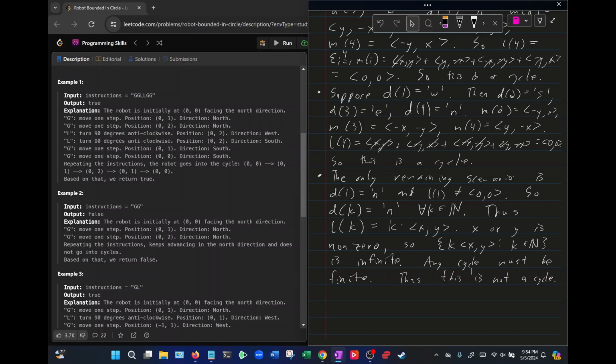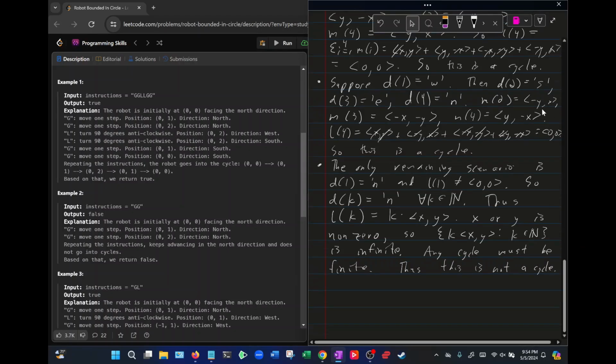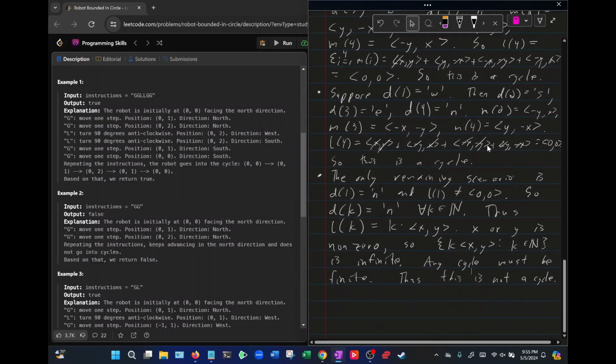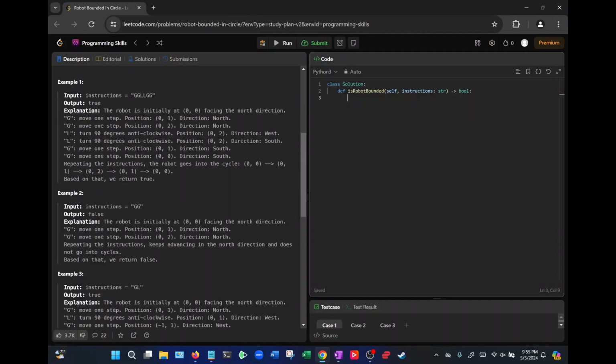And we need to check, after running through the instructions, is the robot facing north and not at the origin? Whether or not this is true or false will give us the response that we want. Okay, so let's code this up.